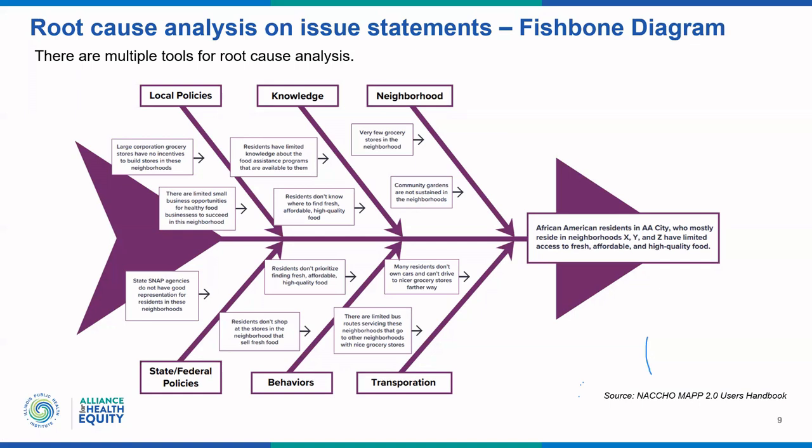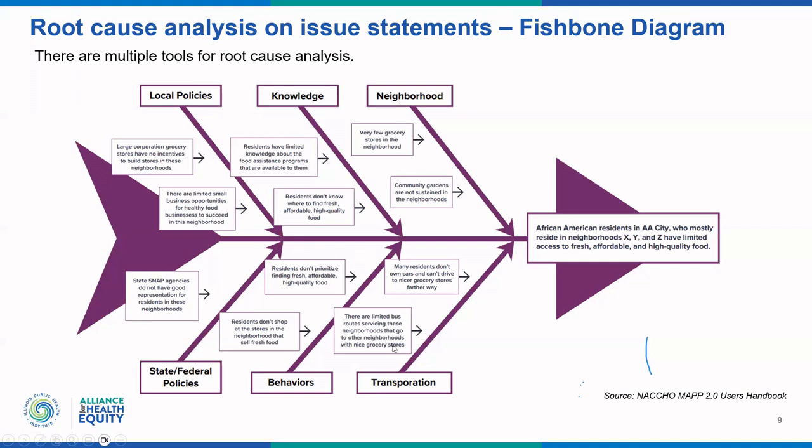So in here, you essentially highlight the top. You put your issue statement here, and then you highlight what you know are those core, this would be like the trunk, core influencers. And then you look at the data and look at why this is happening.